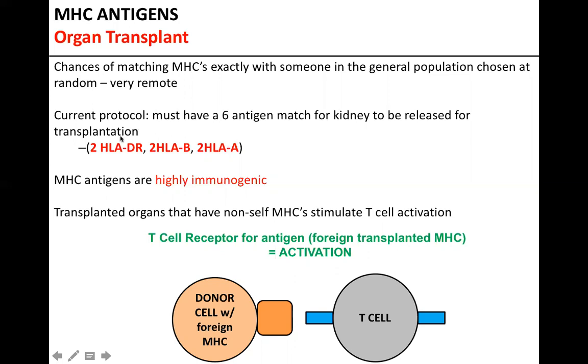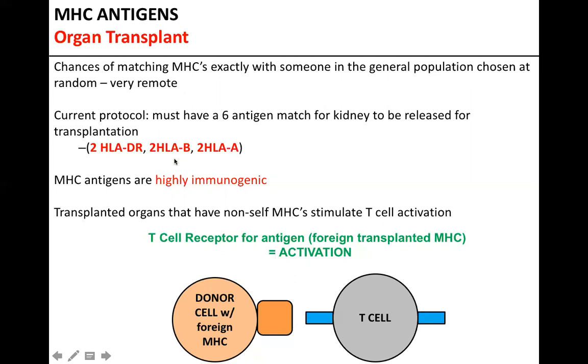So 6 is the accepted protocol. As long as there's a match of 2 HLA-DRs, 2 HLA-Bs, 2 HLA-As, then you're good, and they can proceed.